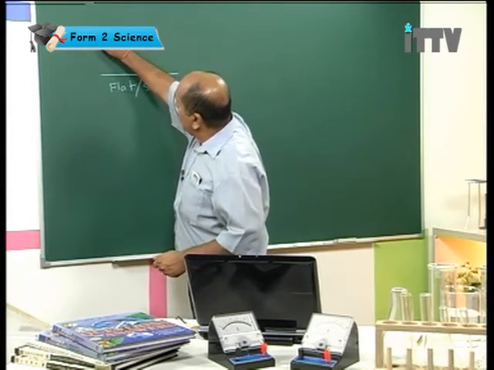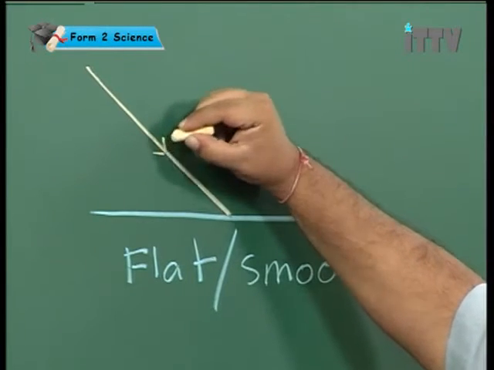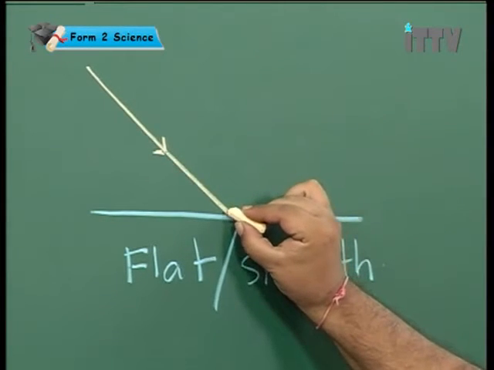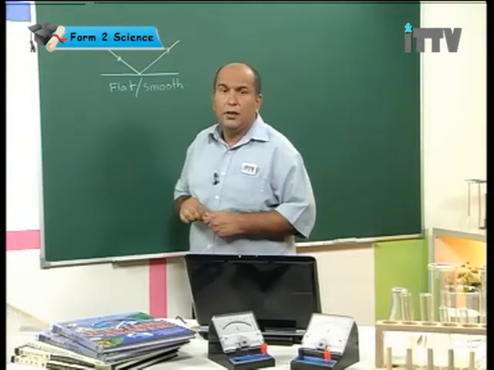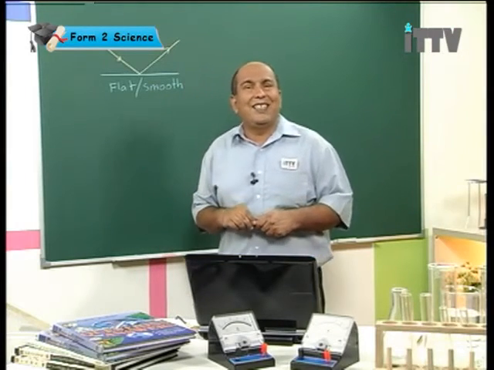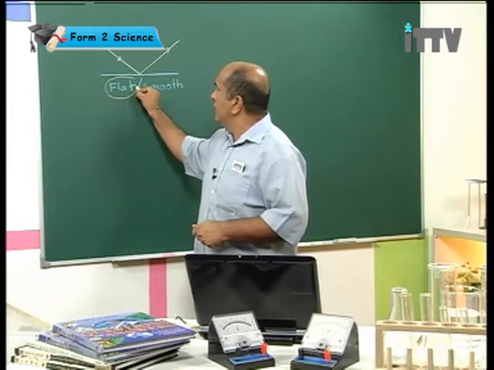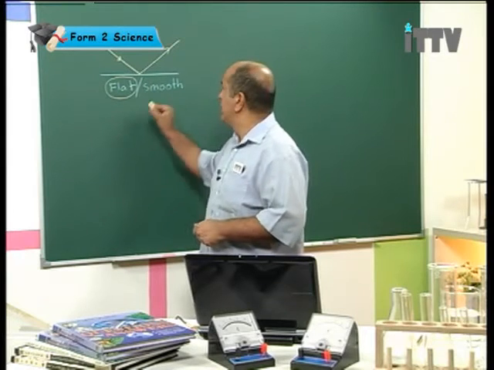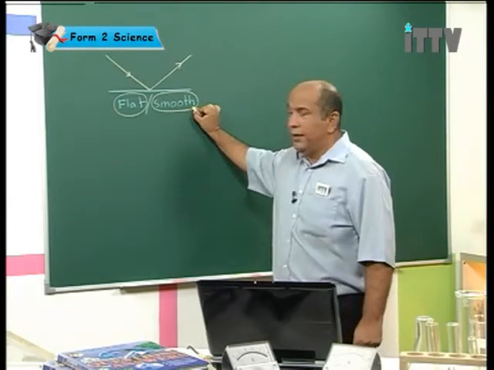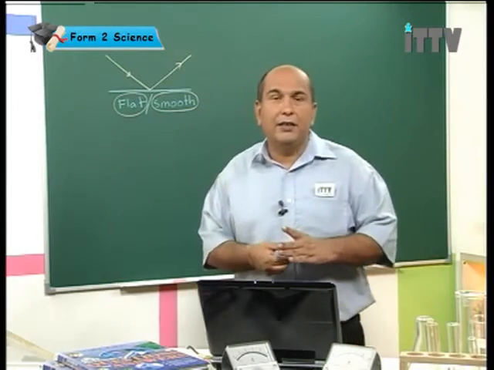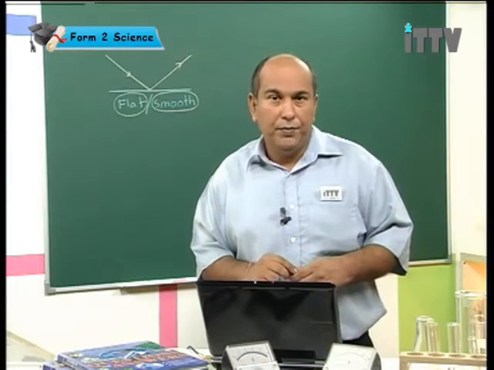Meaning, if a light ray comes in from over here, draw the arrow, it will reflect back very evenly like so. So remember, what's the key here is flat, smooth. So remember, the two main things for regular reflection is flat and smooth.